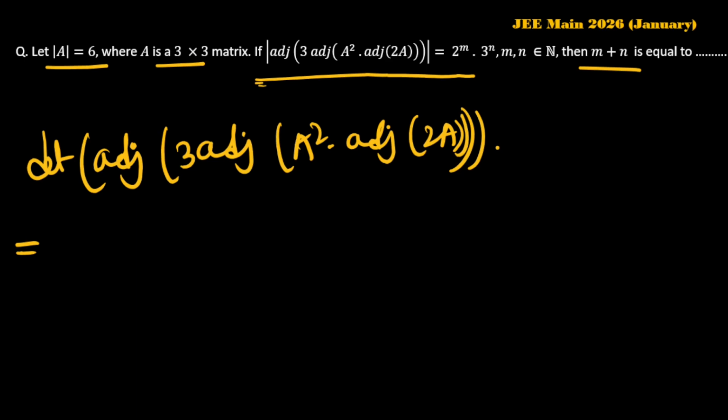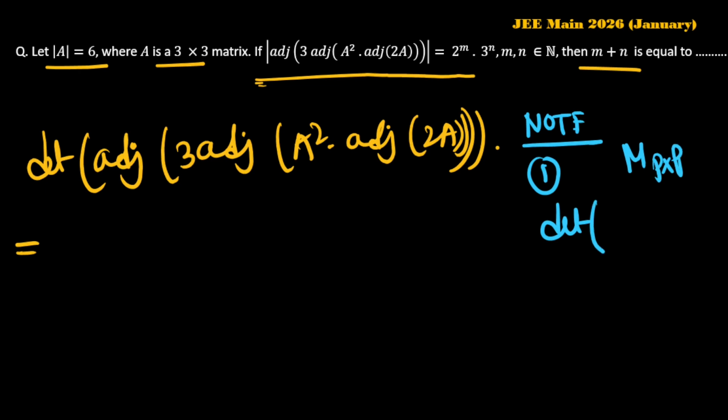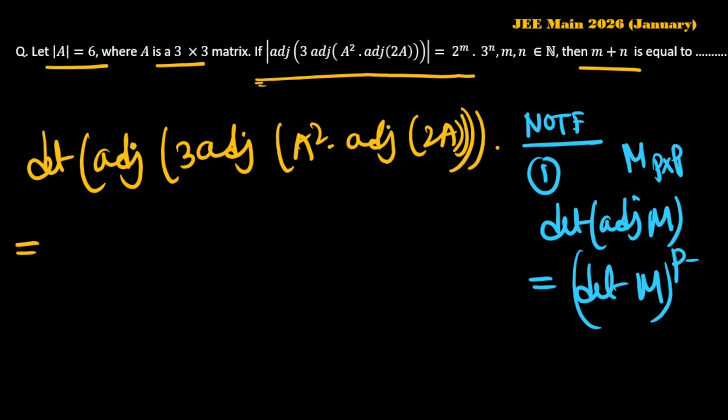So first, in this case, we use two formulas. We can write as a note: the first one is for the determinant of the adjoint of any matrix. Suppose M is a P cross P square matrix. The determinant of adjoint of M is equal to the determinant of M power P minus 1. That is, when we apply the determinant to the adjoint matrix, we get the determinant of this matrix to the power P minus 1.